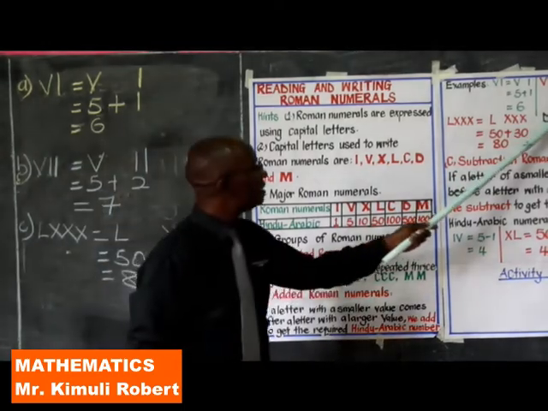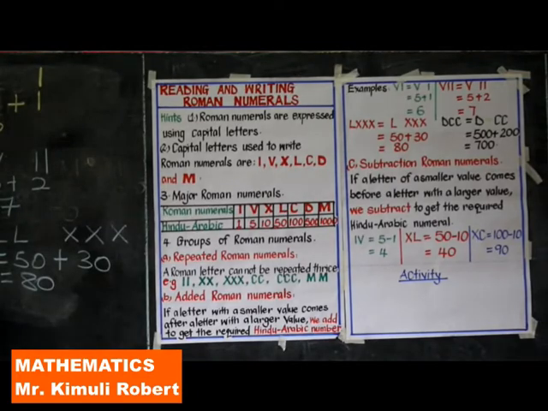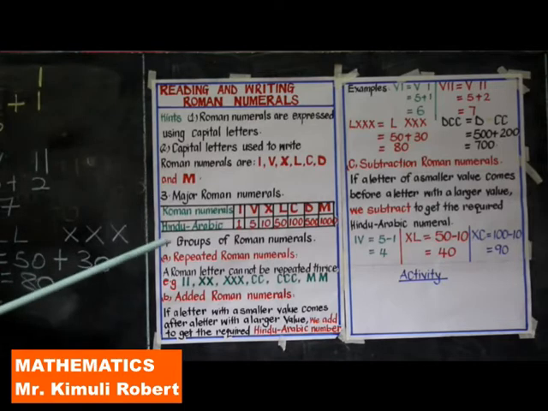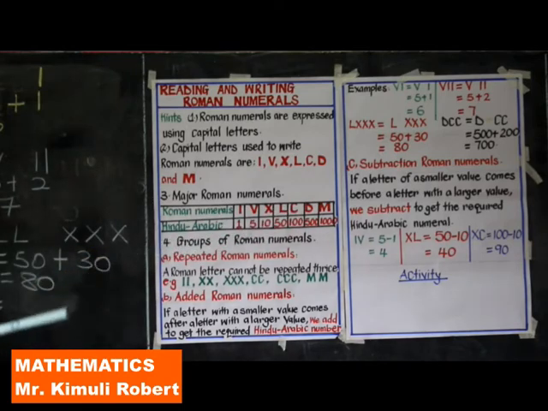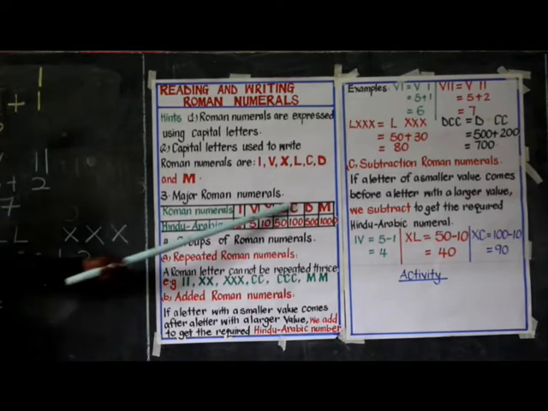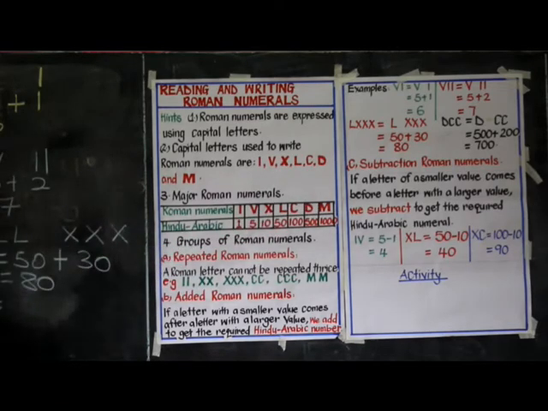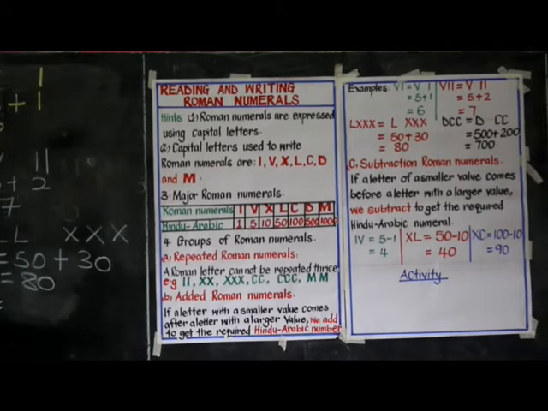And my next example is DCC. Go back to our major Roman numerals. D is 500 and C is 100. Meaning that D is of a higher value than C. So since they started with a digit of a higher value, it means we are going to add to get what they mean by DCC.